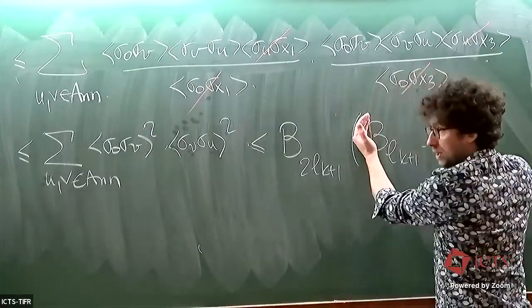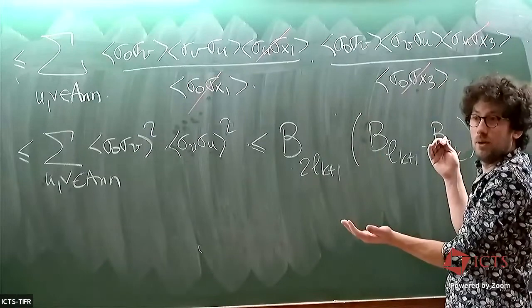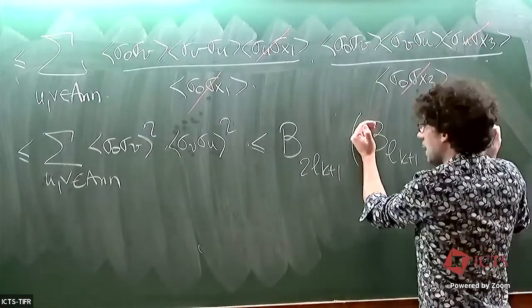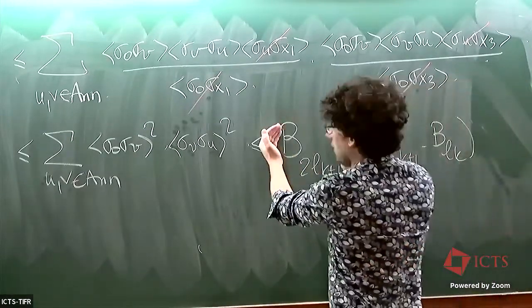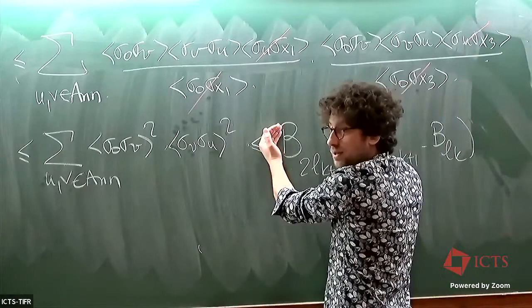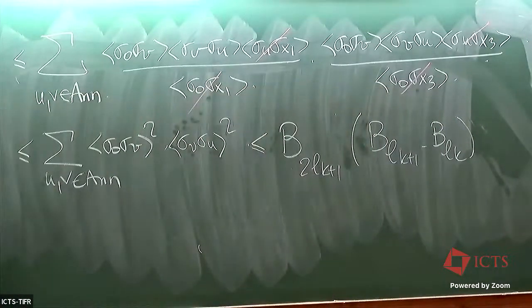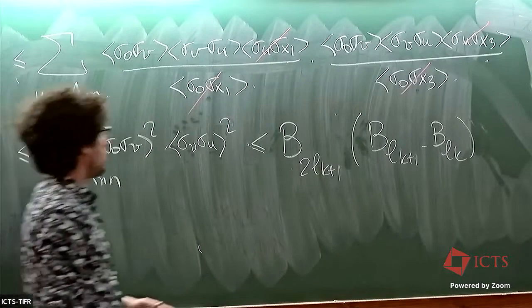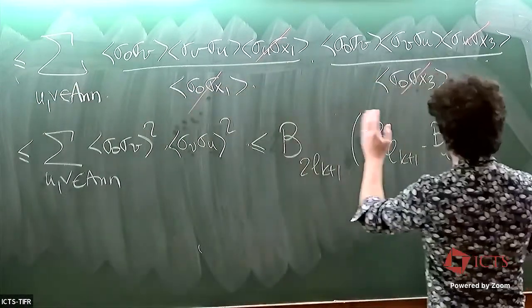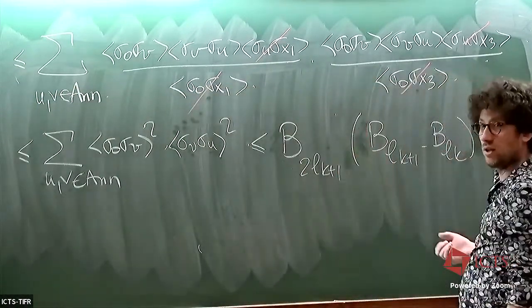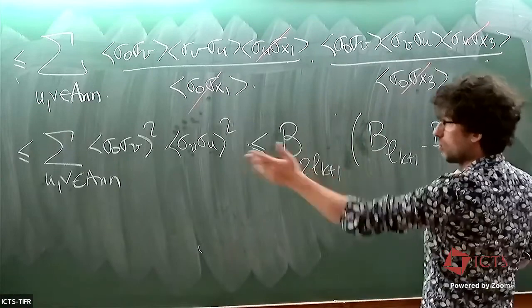So the first moment, this is something super common in the second moment method. You get the first moment, but you get something which a priori is bigger than the first moment. But if you choose, and this is what we did here, the thing in such a way that this is of the order of this, then you get that this is the square of the first thing.